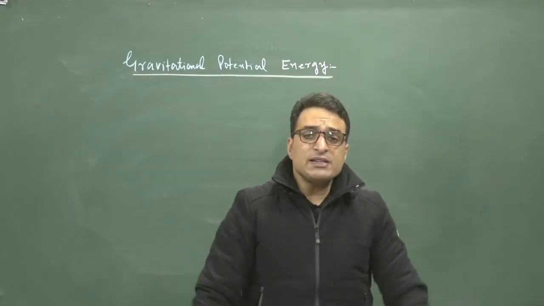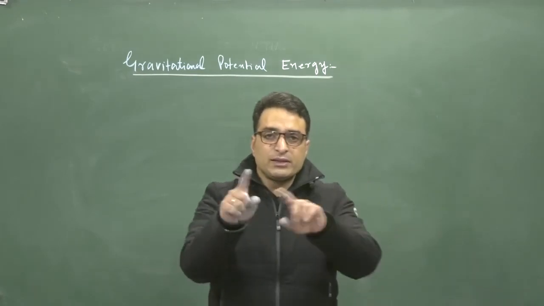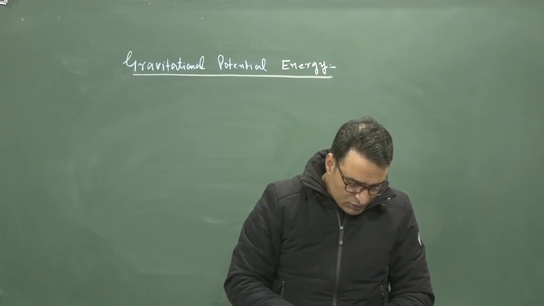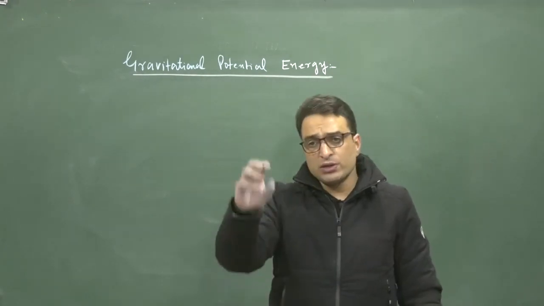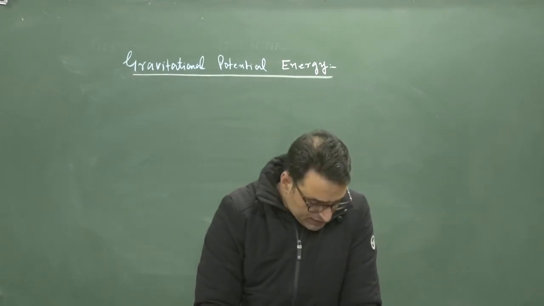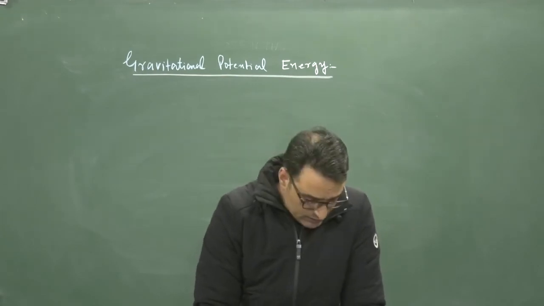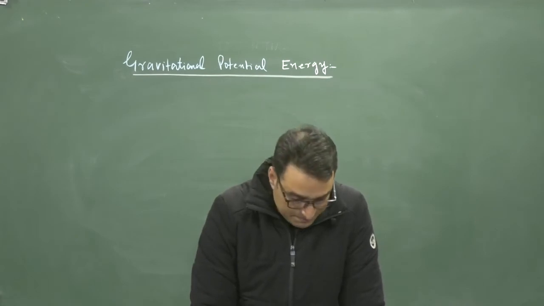If the body is at an infinite distance from another body, then the gravitational force on a body due to another is zero. That means the gravitational potential energy is zero, which is called the zero level of the potential energy.